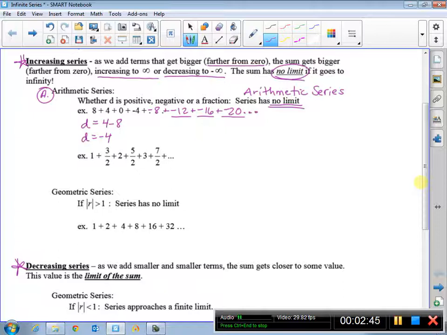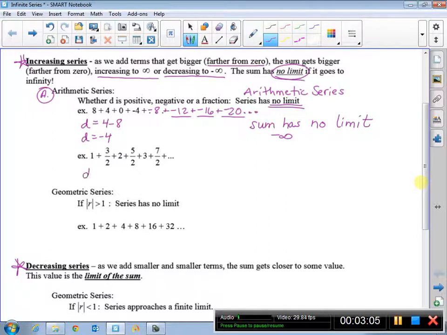And so we're going to keep tacking on bigger and bigger negatives. And so this sum has no limit. And it's actually decreasing to negative infinity. It's going to negative infinity, but that's the same as no limit.